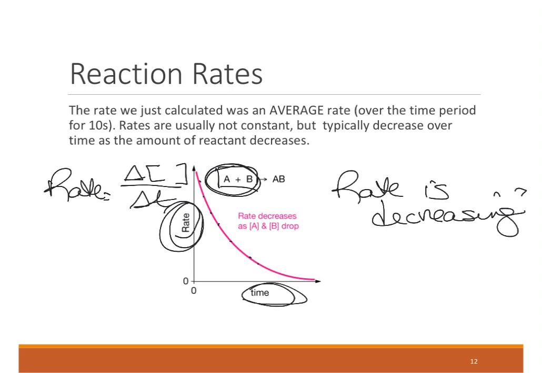And later on, we'll talk about something called the collision theory, which tells us that two reactants literally have to collide with each other in order to react. So if you have fewer reactants, you're going to have fewer collisions and fewer actual reactions. So the rate typically does decrease over time.